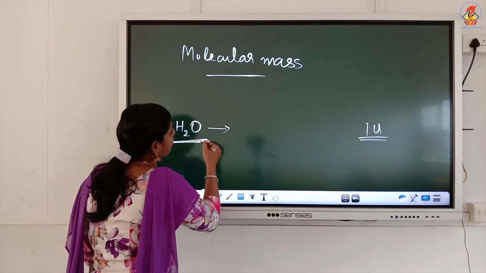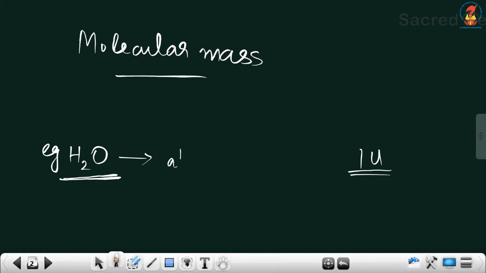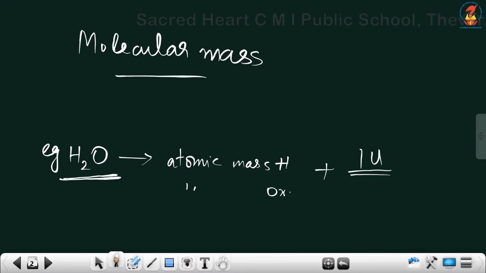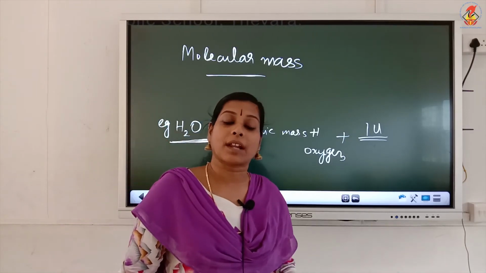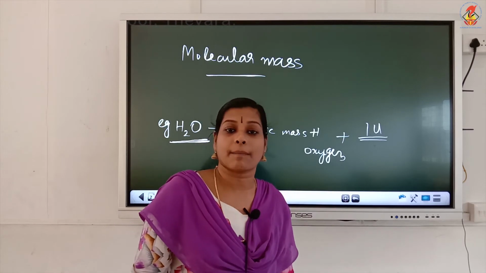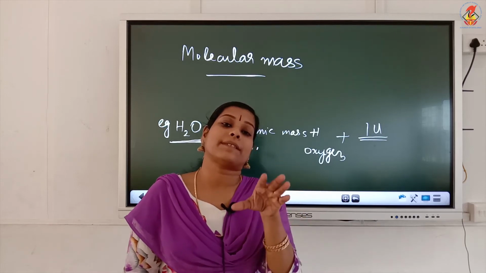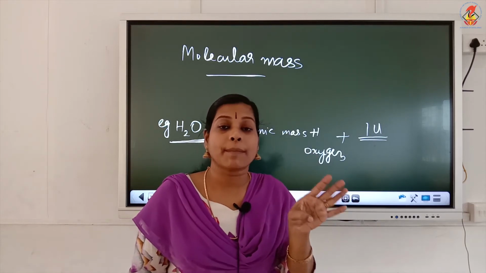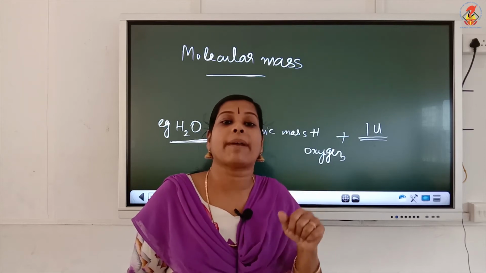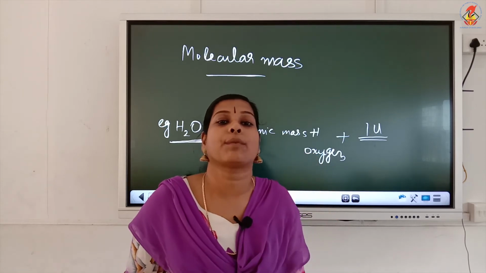It is the sum of atomic masses of hydrogen and oxygen. So we can define molecular mass once again: molecular mass of a substance is the sum of atomic masses of different elements present in one molecule of that compound.